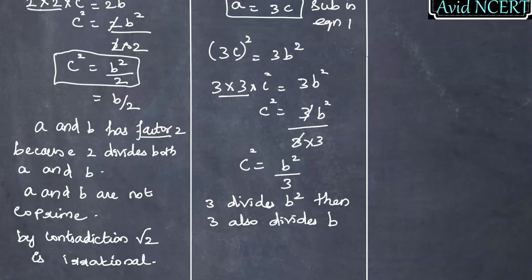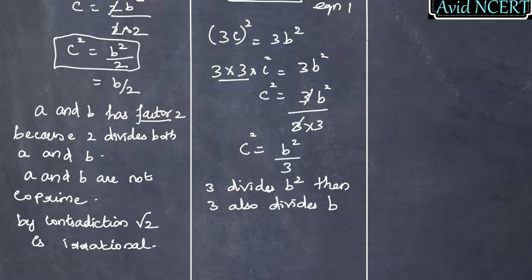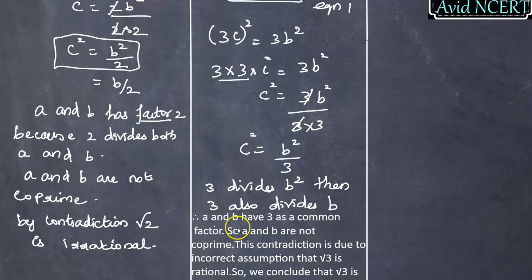Now from this we know that a and b have factor 3 because 3 divides both a and b. So a and b are not co-prime. By contradiction, root 3 is irrational. So this can be written as follows.